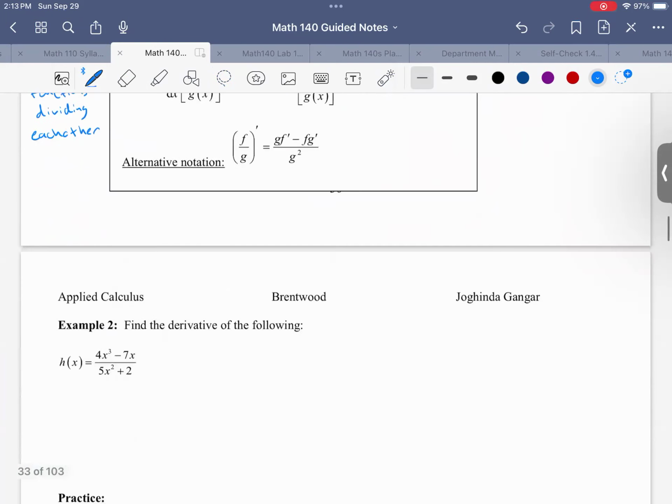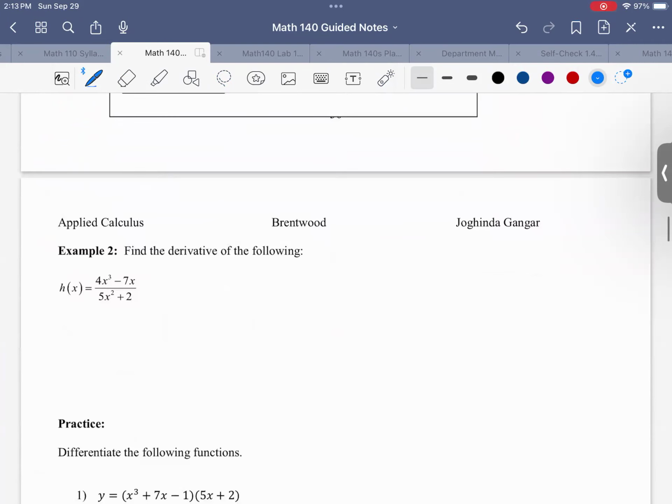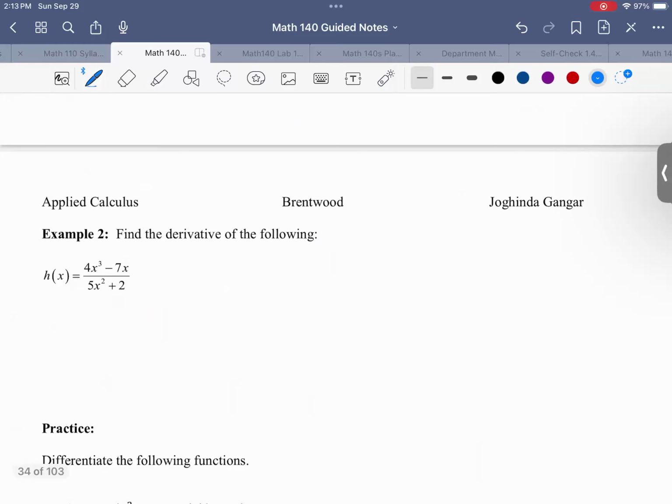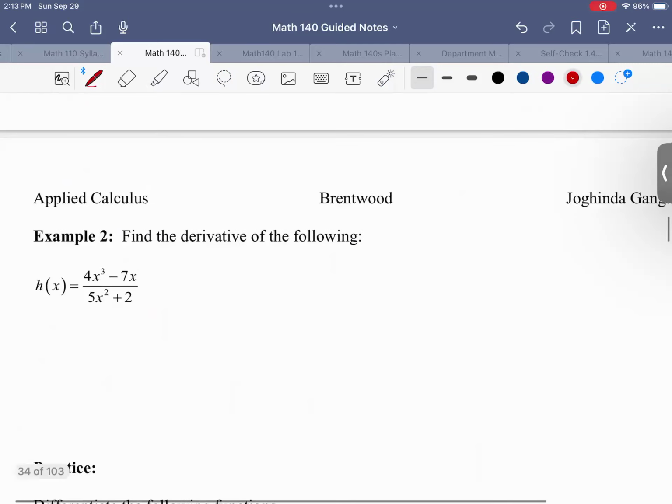Okay, so let's go ahead and figure that out. So let's check an example, example 2. Find the derivative of the following. H of x equals 4x cubed minus 7x over 5x squared plus 2. So same thing as with the product rule, we want to pick out an f and g, and typically you always do f as the top and g as the bottom.